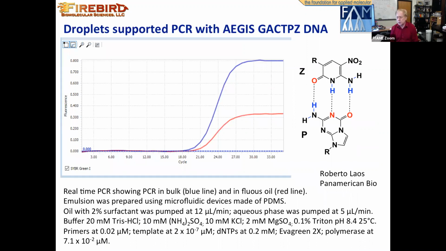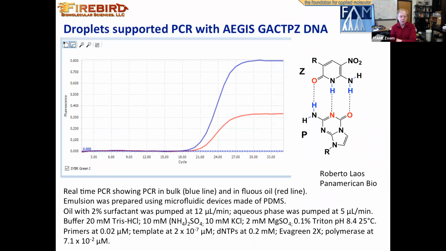Again, one of the reasons why you use fluorinated species is that if you use hydrophobic surfactants of a certain kind, they cause the polymerases to fail, and that was one of the remarks that Brian Pagel made a moment ago. But here's real-time PCR, showing PCR in bulk, that's the blue line, and in the water droplets in fluorous oil, that's the red line.